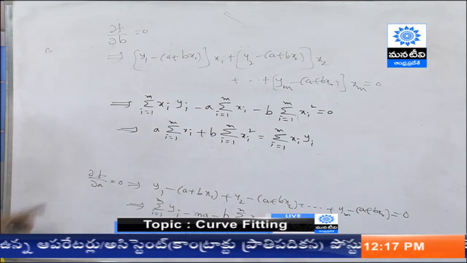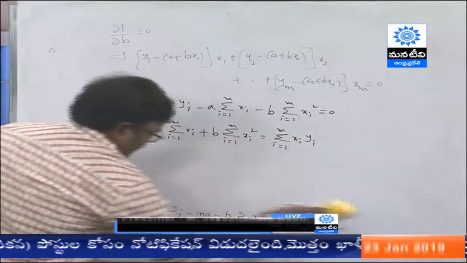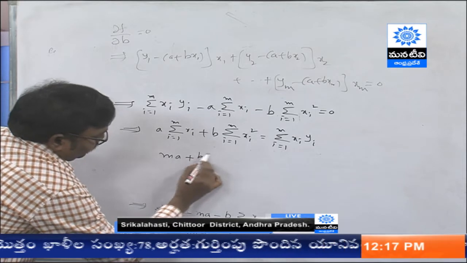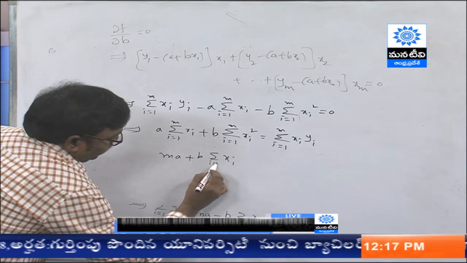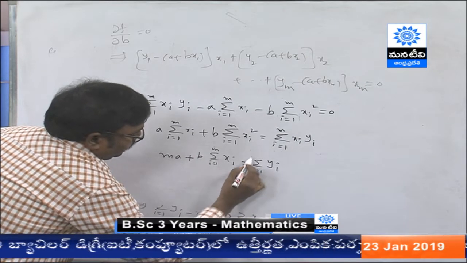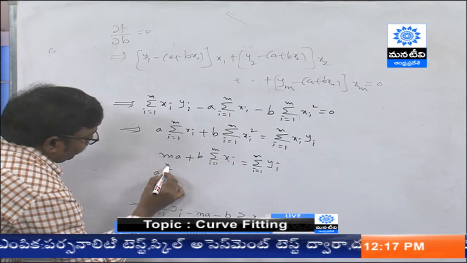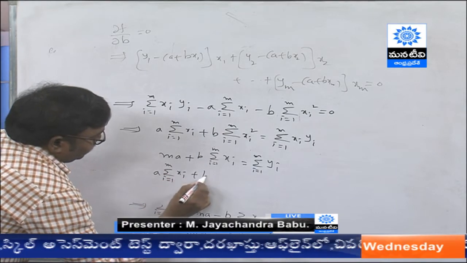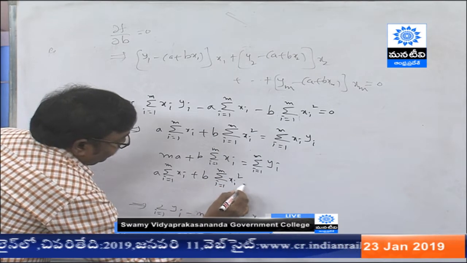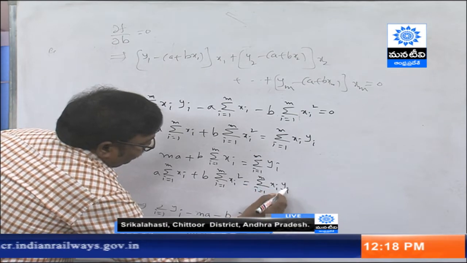So, we have got two equations. Those are: m into a plus b into summation xi, i equal to 1 to m, equal to summation yi, i equal to 1 to m. Another equation is a into summation xi, i equal to 1 to m, plus b into summation xi square, i equal to 1 to m, equal to summation xi yi, i equal to 1 to m.